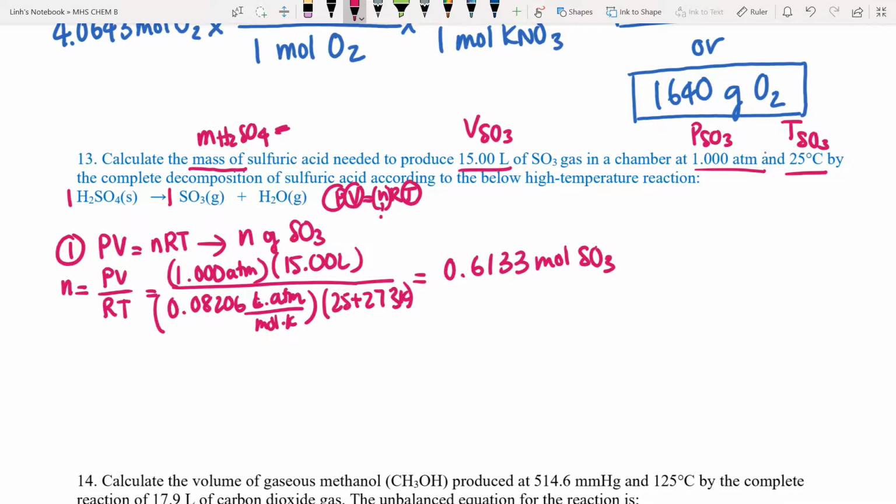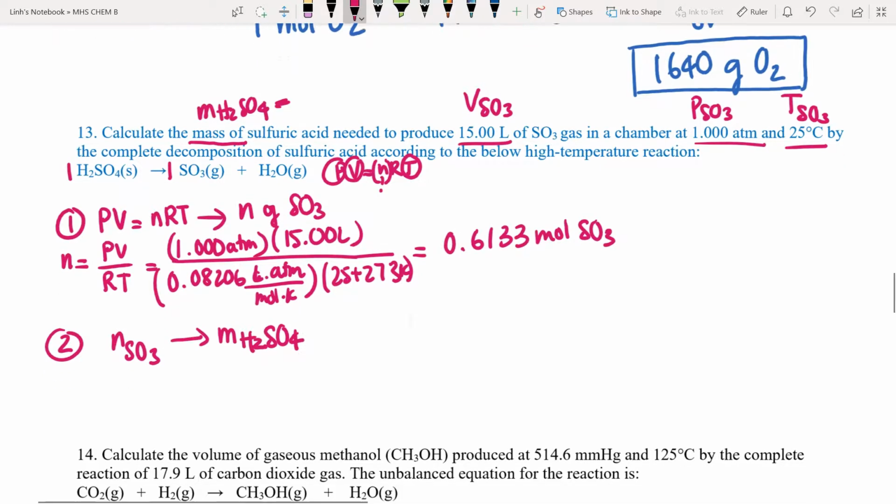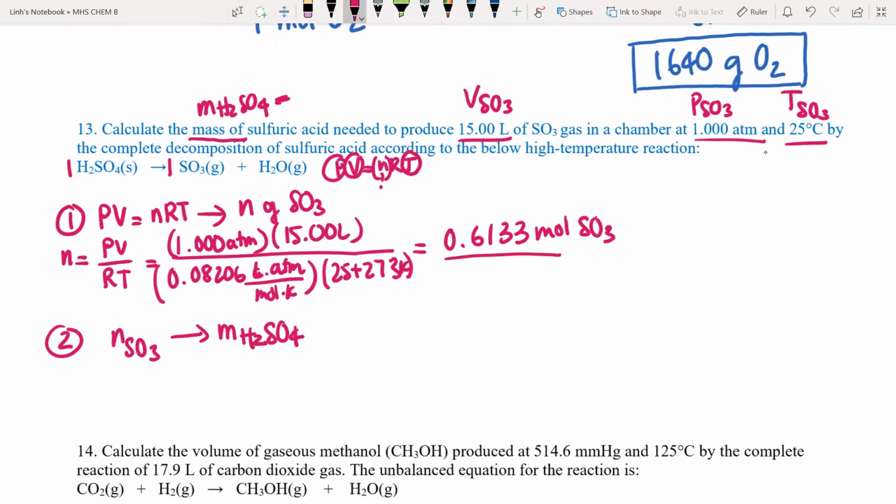So I'm going to use stoichiometry, and I'm going to go from mole SO3 to gram of H2SO4. The way I do that is I take the number we just found, 0.6133 mole of SO3, and use the mole ratio between these two, which is 1-to-1.